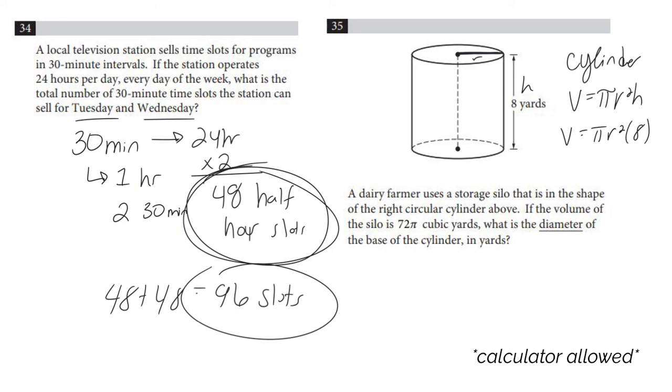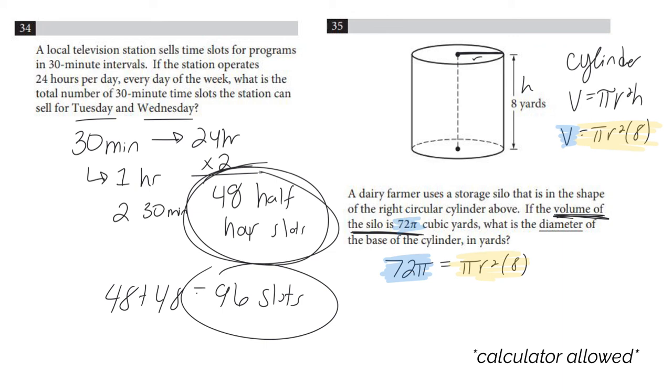It's telling me in the directions that the volume of this silo is 72 pi. So I can take that equation and plug in 72 pi instead of volume. All I've done is kept this equation the same, but instead of putting volume, I put what the problem told me I got for volume, and that would be 72 pi.